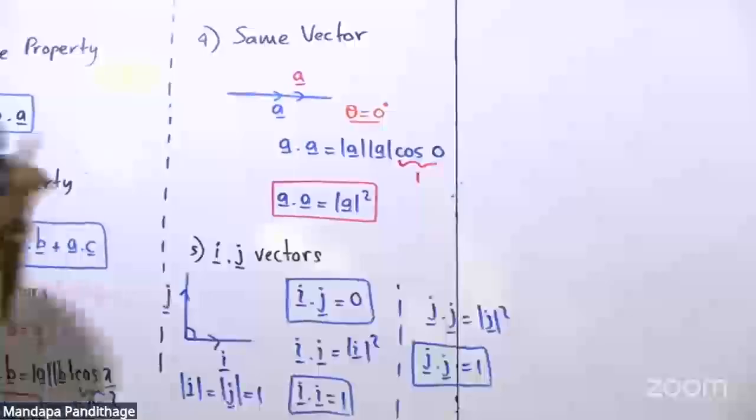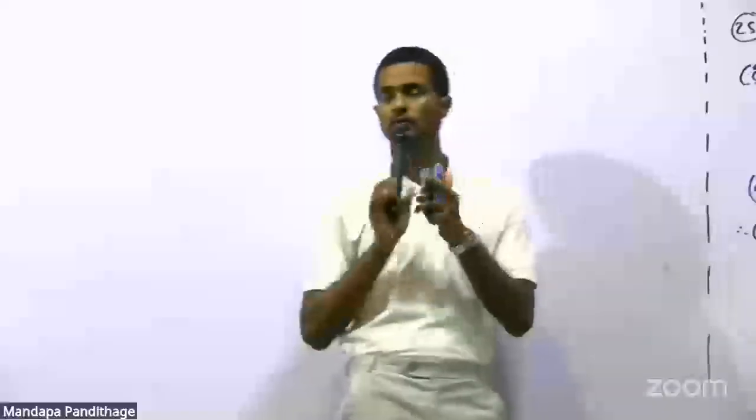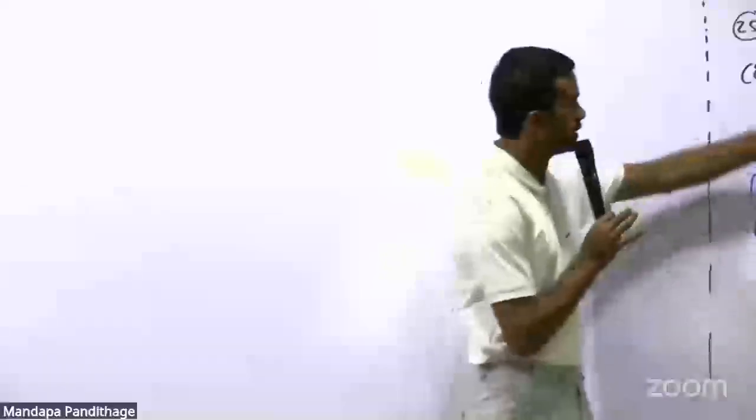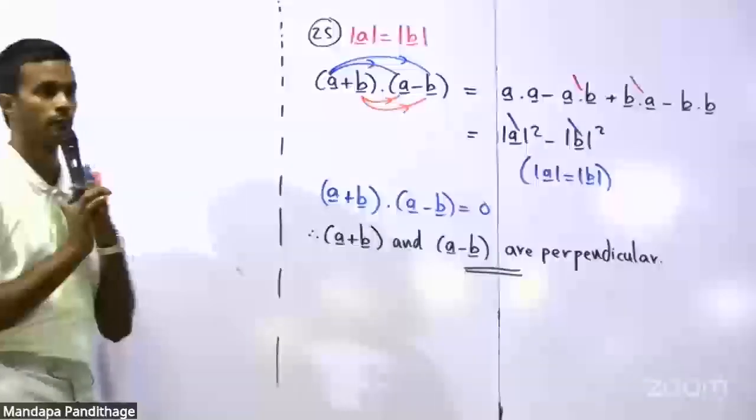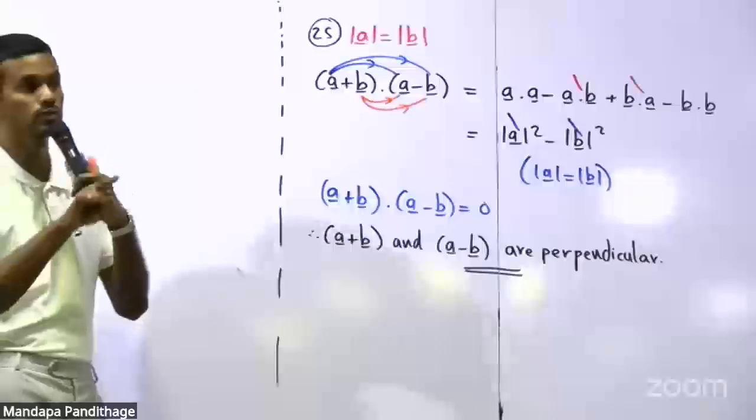If we want to show two vectors are perpendicular, what we have to do is consider the dot product, simplify, and show that it is equal to 0.